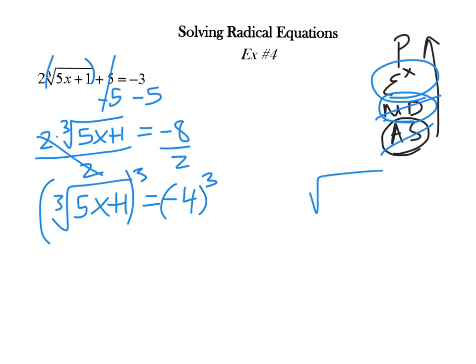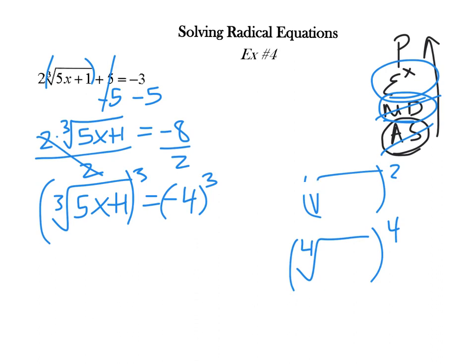Before, we did square roots, so we did the opposite and squared. If we have a fourth root, then the opposite would be raising it to the fourth power. What you want to do is focus on the index, which is a 2, a 4, or a 3, and always raise it to that exponent, because that exponent will be the inverse of what you're doing.